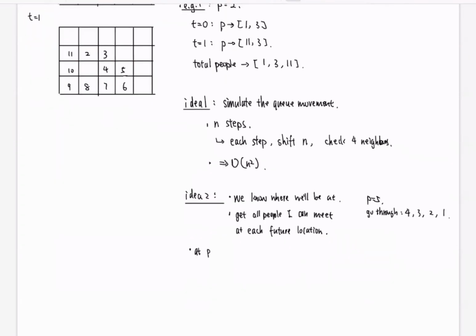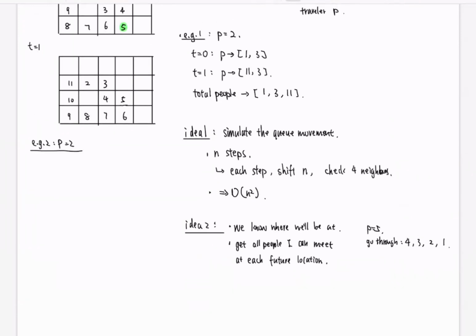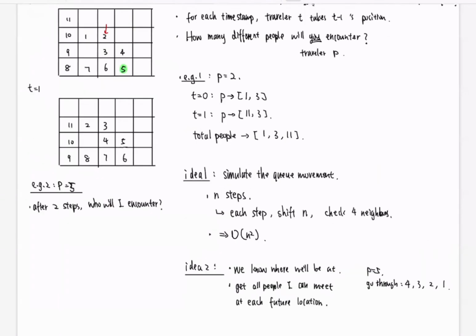Let's give an example. P equals 5. After 2 steps, who will I encounter? Check it out on the graph. After 2 steps, we will be at person 3's location. Then who will we meet? Person 8 will travel 2 steps forward and meet us at the location. In addition, we will have a neighbor on the right. Who will take the place of this right cell?